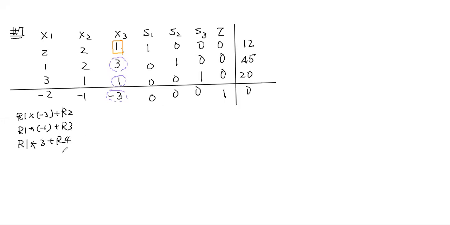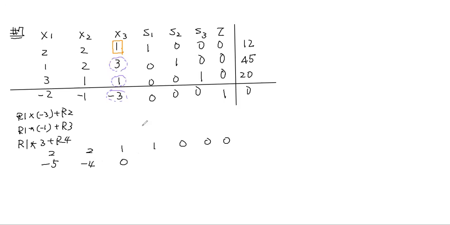Okay, so let's do it. This is x1, so this row is not changed. It's 2, 2, 1, because this is my pivot, then 1, 0, 0, 0. I use the first row times negative 3 and add. Negative 3 times 2 is negative 6, added to 1 is negative 5. Negative 3 times 2 is negative 6, so it's negative 4.